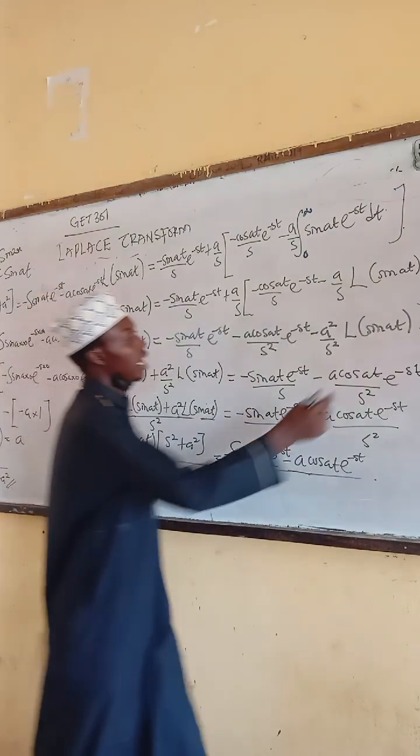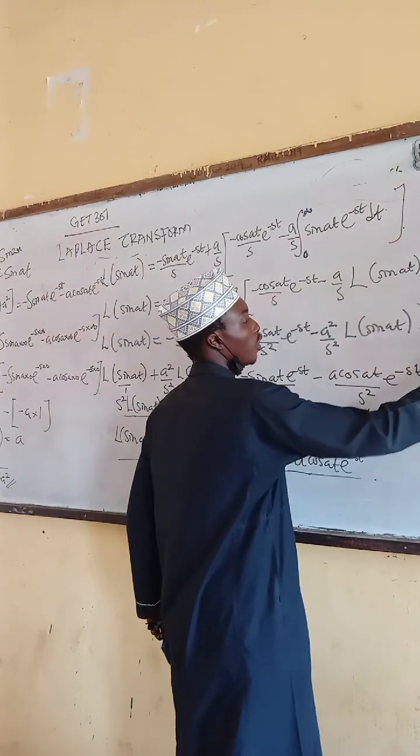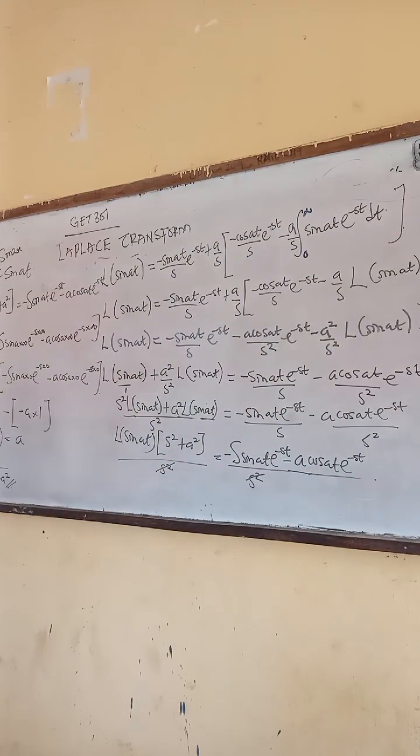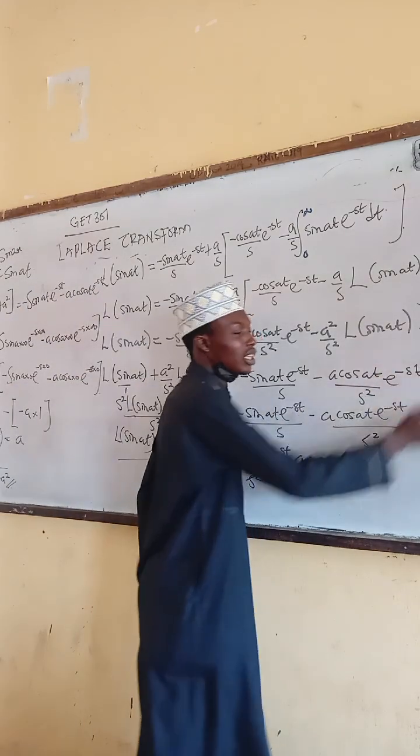If you have s over 2 equals to 4 over 2, what's the answer? s equals to what? It means that the 2 can cancel 2. s equals to 4.